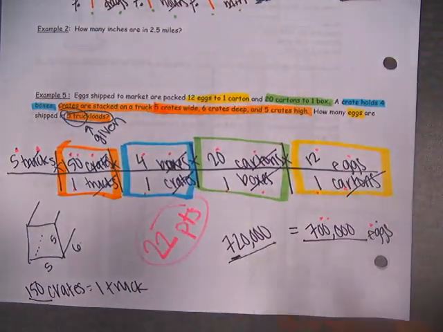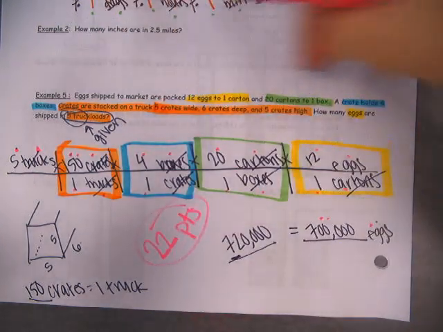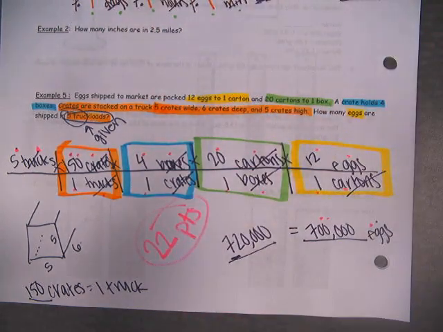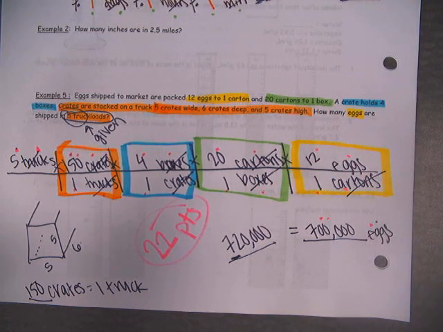The reason I always show you this is because I want you to understand that the process is why we're taking so long to teach you this. You can go on your calculator and type this in, or some people are able to just look at the conversion factors, know that they're going to be multiplying things, and figure out how many eggs it is. And that's great. That is definitely a skill that's going to help you, not only in this class, but in a whole lot of other classes.